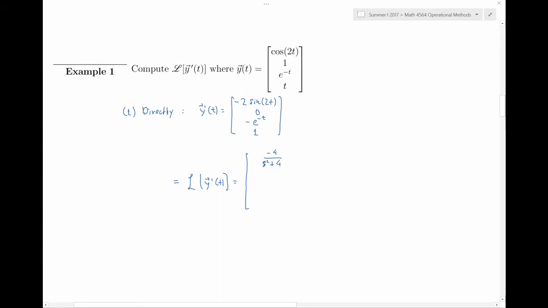Laplace transform of 0 is 0. Laplace transform of minus e to the minus t is minus 1 over s plus 1. And the Laplace transform of 1 is the Laplace transform of the Heaviside function, so it's just 1 over s.